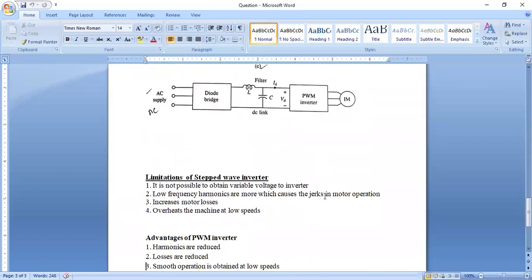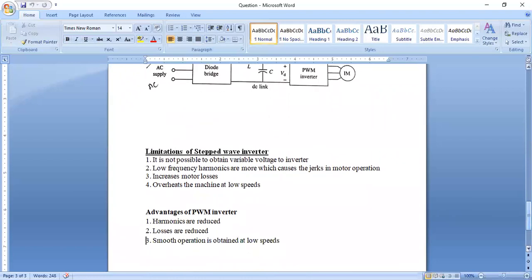Next, as we have discussed, the limitations of the stepped waveform. It is not possible to obtain variable voltage in this kind of step wave inverter. We get only variable frequency.